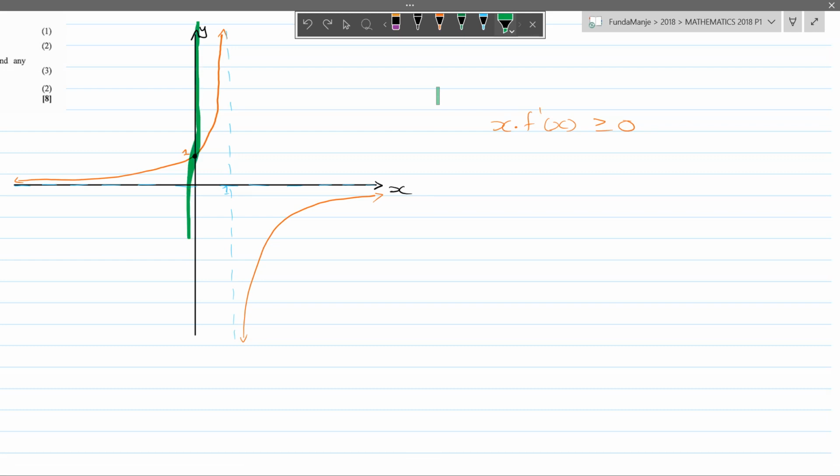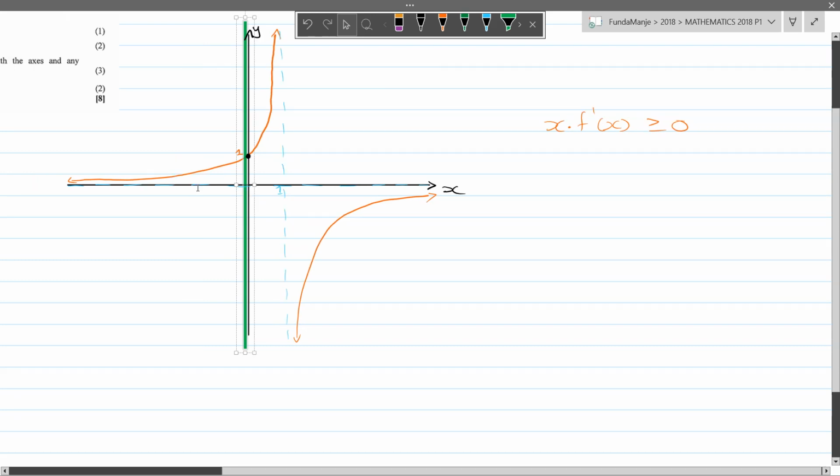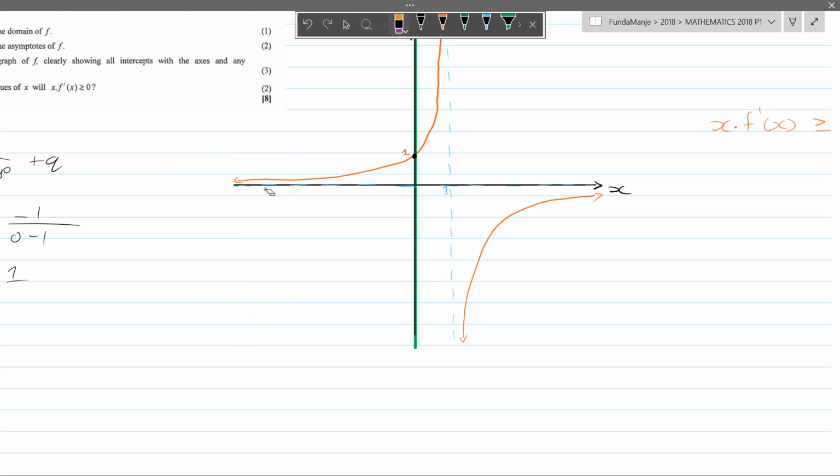So I can just move this a bit so that it goes on the line, because I want to represent two different regions on our function. So we have this region on the left hand side, which represents x is less than 0. So this is x is negative, then this is x is greater than 0.